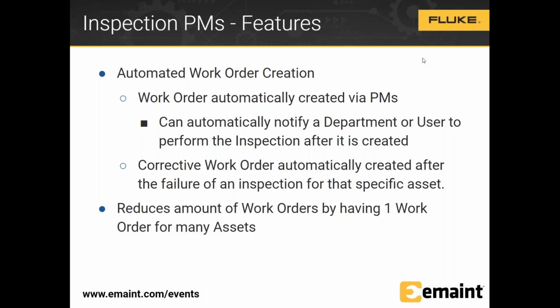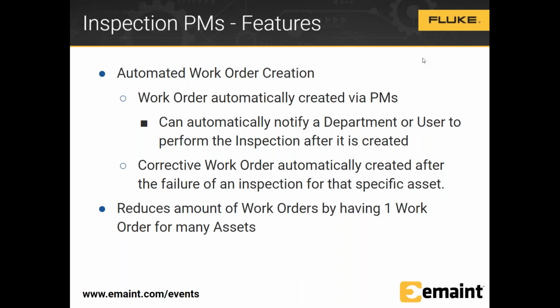So the idea behind this is you have this PM work order that will automatically generate, and you can have it notify a department or a user to inform them that an inspection has been created and it needs to be done. And based off of that inspection work order that gets created, you then can check off on the individual assets and pass them or fail them.